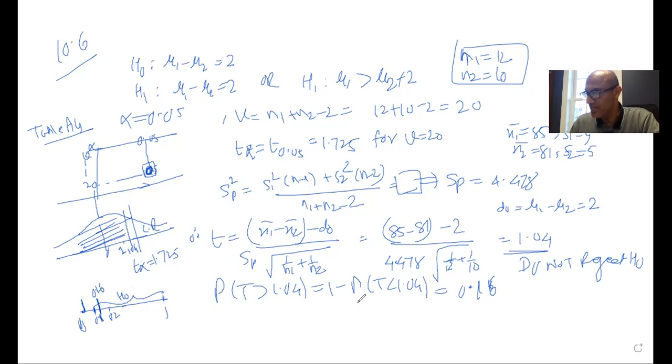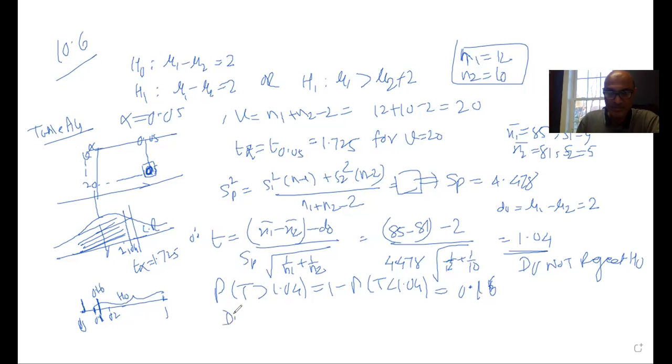Because there is some chance, of course very low, of that event happening. So that's why we say do not reject H0, and we are unable to conclude that the abrasive wear of material 1 exceeds that of material 2 by more than 2 units, right?